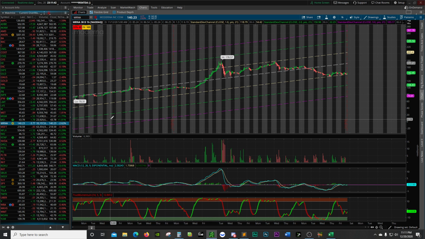Now, there are ways to find new stocks. There's a scanner on Thinkorswim. There are scanners on Finviz. Thinkorswim you can change to whatever you want specifically, whereas Finviz is already set up and it just kind of pops up.